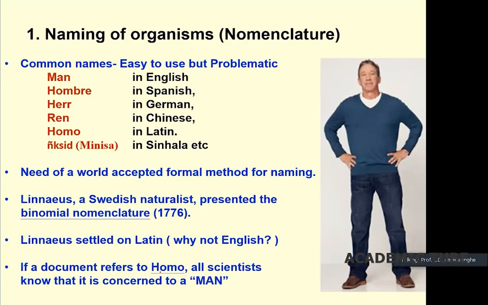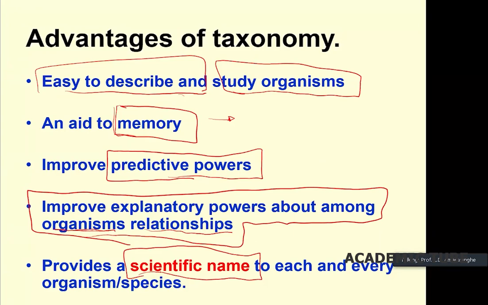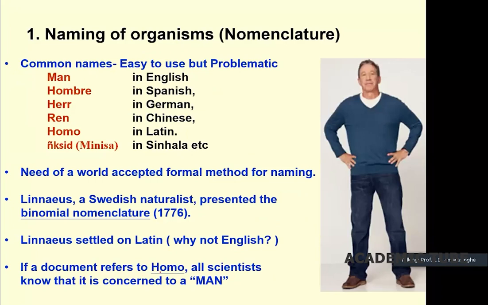So after learning taxonomy, naming the individuals will help us to identify a particular kind of animal. If we take human, commonly we can refer to the human as, in English, man, in Spanish, hombre, in German, Mensch, in Chinese, ren, in Latin, homo, in Sinhala, different things.